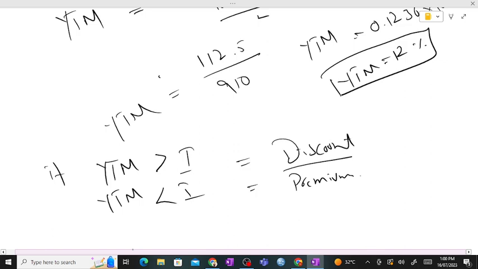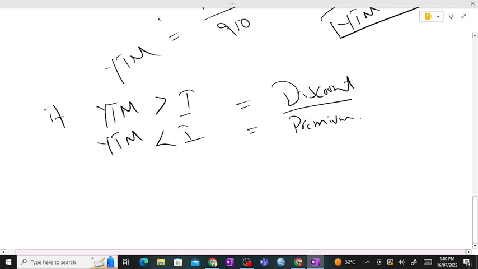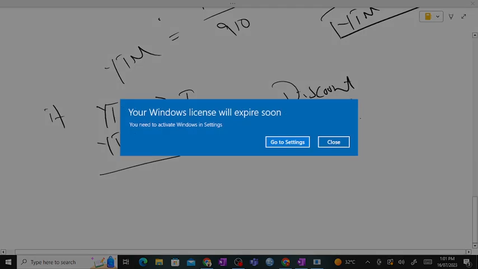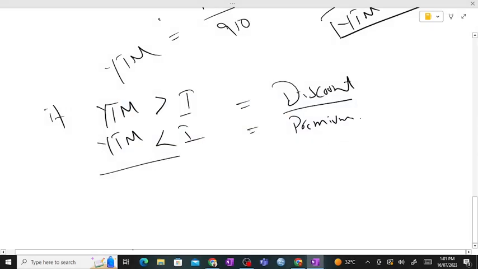If YTM is lower than the coupon rate, it means no risk or lesser risk and lesser return, which would be good for that particular group of investors who don't want to take a risk.